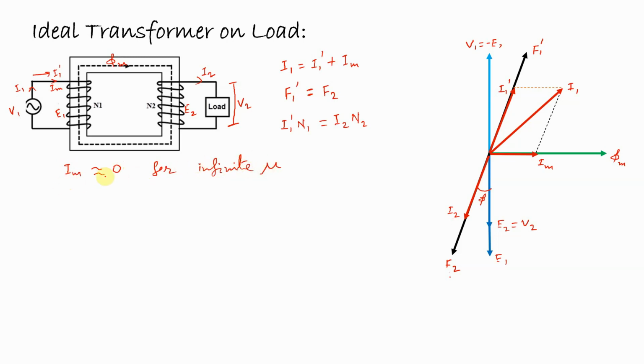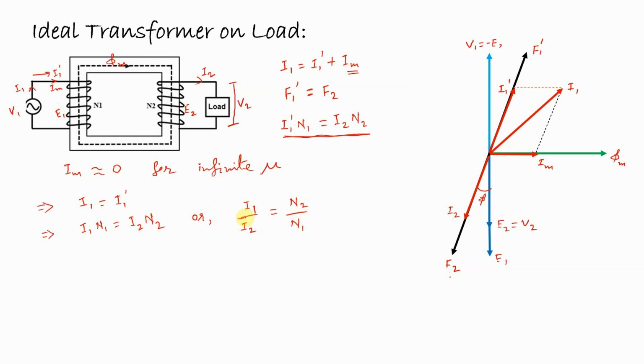So if we neglect Im, then we can write I1 is equal to I1 dash, and from this relation we can write I1 N1 is equal to I2 N2, or I1 by I2 is equal to N2 by N1.